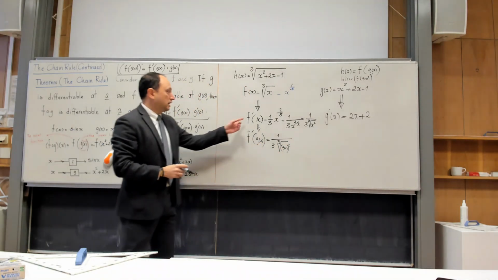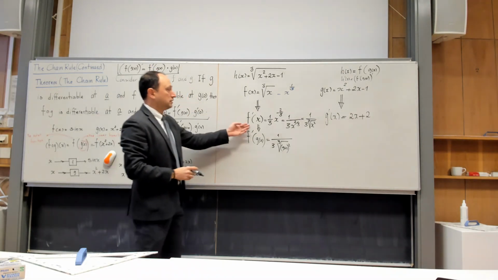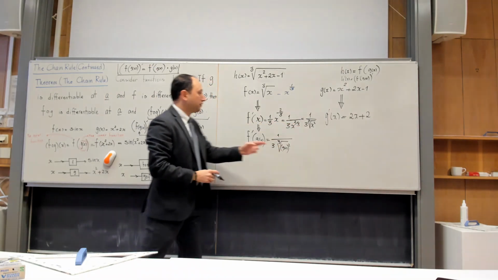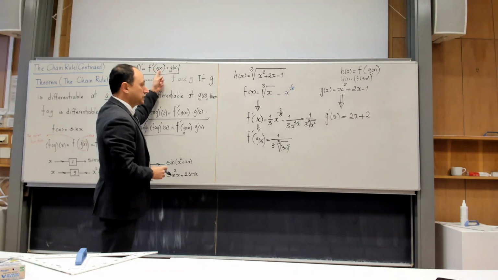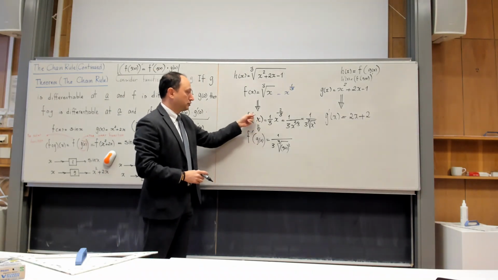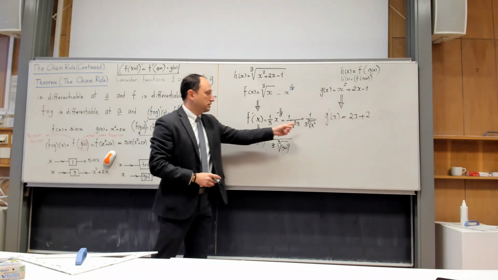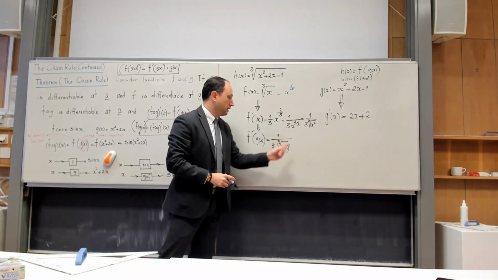So instead of f prime of x, I have to calculate f prime of x first, and after that I have to calculate f prime of g of x. What does it mean? It means that instead of sending x to f prime, I am sending g of x to f prime. So wherever I see x, I replace it with g of x.